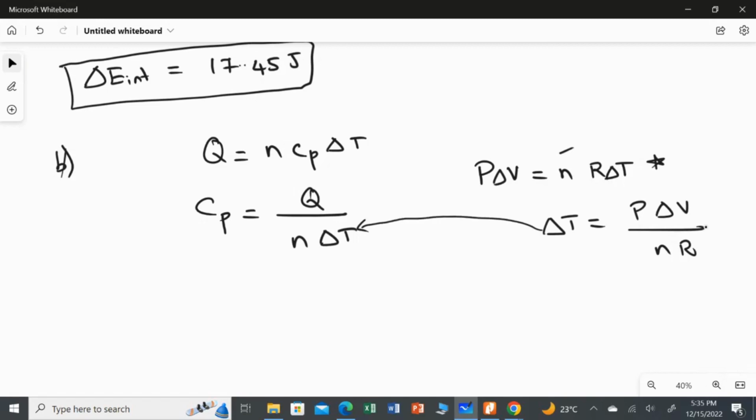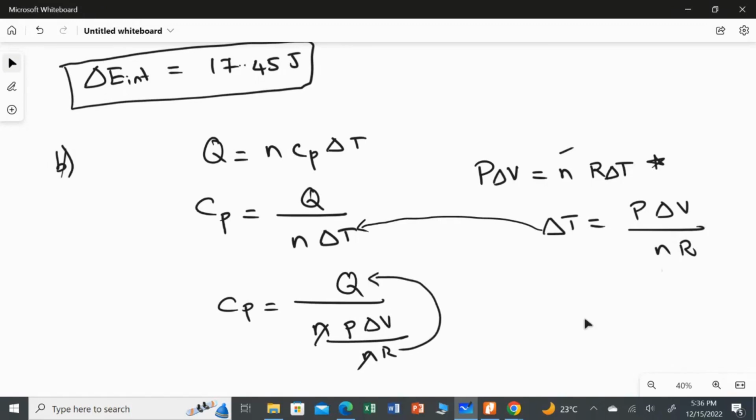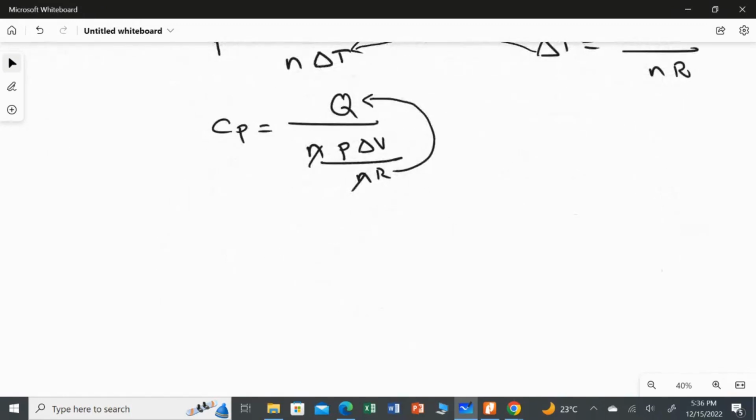By that, this Cp equation will become Cp equal to Q over n multiplied by P delta V over nR. So this n and this n get cancelled and this R will go to the top, right? By that, this equation will become Cp equal to Q multiplied by R over P multiplied by delta V. Now we have all the values, right?